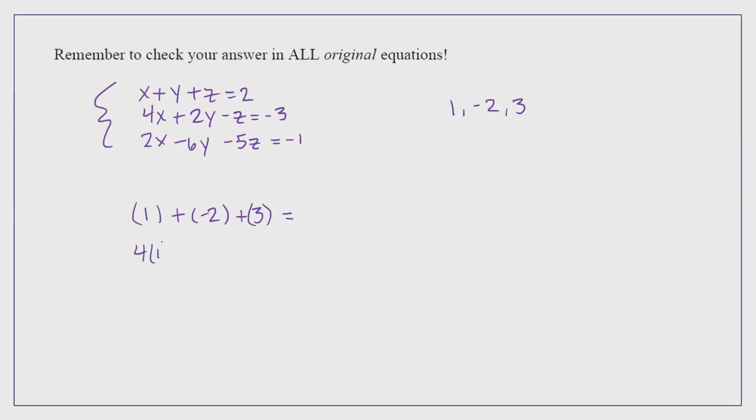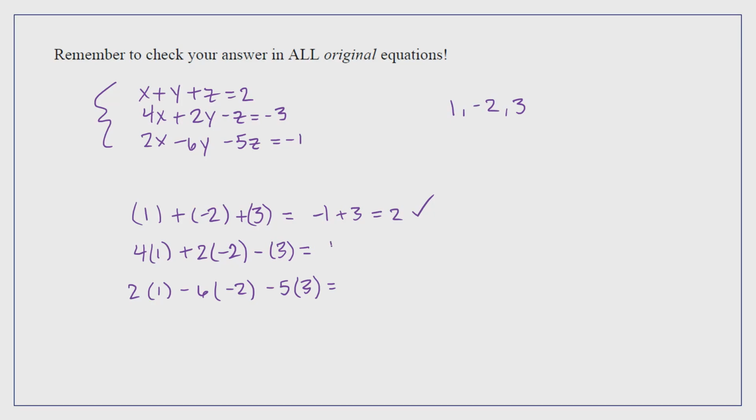So 4 and 1, 2, negative 2, and then 3, and then 2 and 1, negative 6 and negative 2, negative 5 and 3. So I'll have minus 2. We can just simplify that to negative 1 plus 3, which equals 2. That matches.